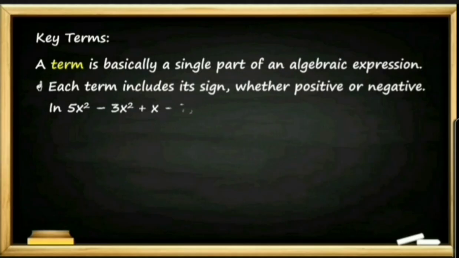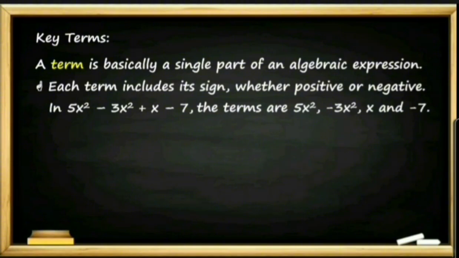So in 5x squared minus 3x squared plus x minus 7, the terms are 5x squared, negative 3x squared, x, and negative 7. Notice that the minus sign in front of 3x squared is part of the term. It's not just the number 3x squared by itself. Similarly, the minus sign in front of 7 is a part of it. It's not just the number 7 by itself.